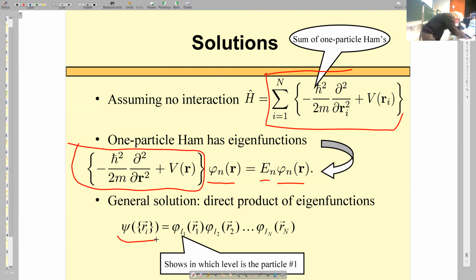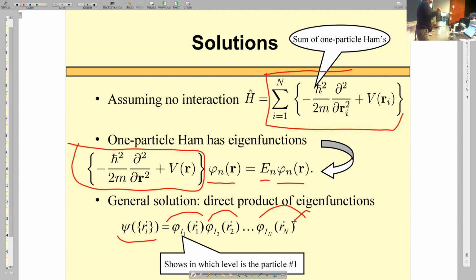So what I have here is a large product of wave functions for particles first, second, third, and so on, till particle n.